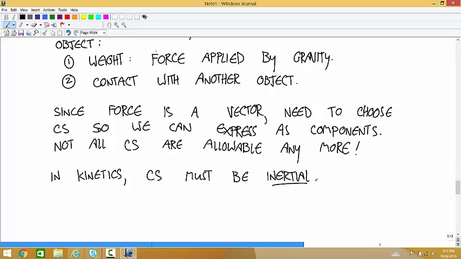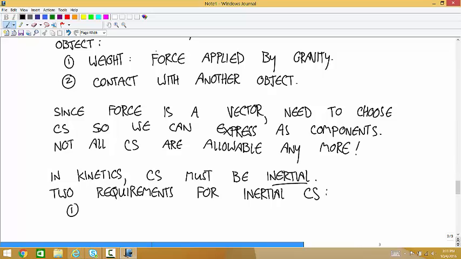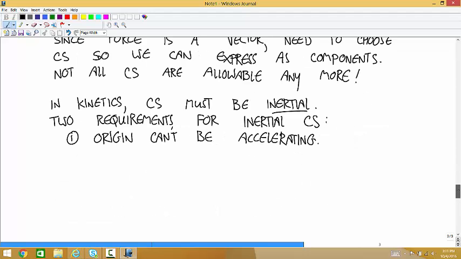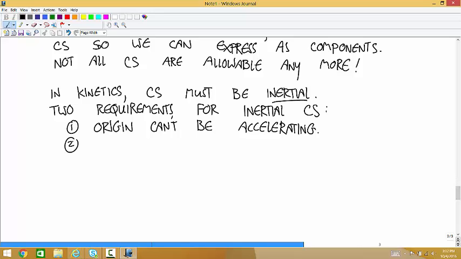And here are the two requirements for an inertial coordinate system. The first is that the origin can't be accelerating. And the second one is that the axes can't be rotating.